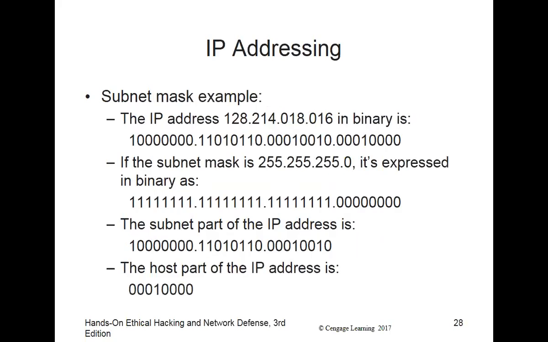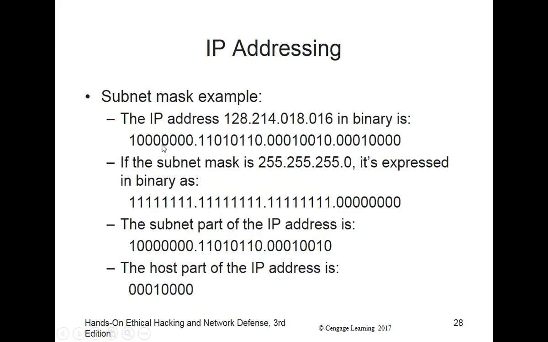Here's an example: there's the IP address, and there's this converted into binary. Then there's our subnet mask. Subnet masks are made of 0s and 1s. In this example, 255.255.255.0, the first 3 octets are all 1s because 255 is all 1s. The last one is 0. Looking at this example, this 0 is underneath the 16.